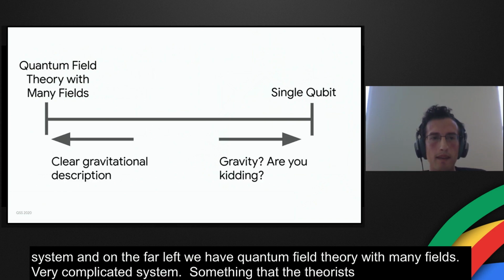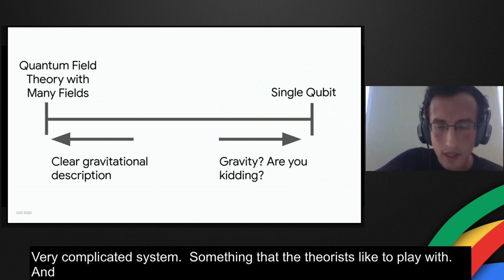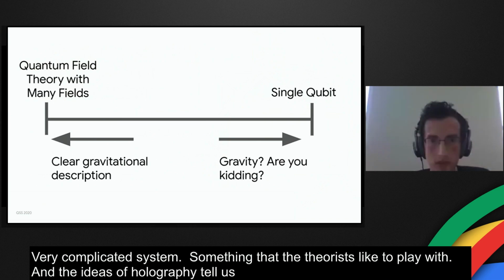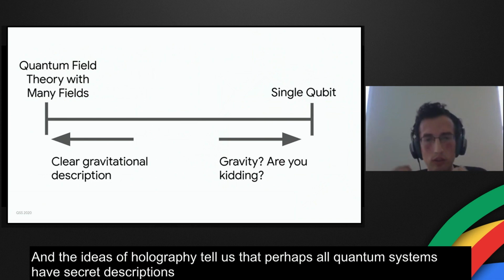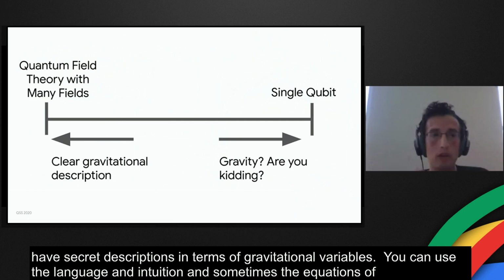And the ideas of holography and modern understandings of quantum gravity tell us that perhaps all quantum systems are secretly related to, or have secret descriptions in terms of, gravitational variables. You can use the language and the intuition, and sometimes even more quantitatively the equations of gravity, to talk about many quantum systems and perhaps all quantum systems.